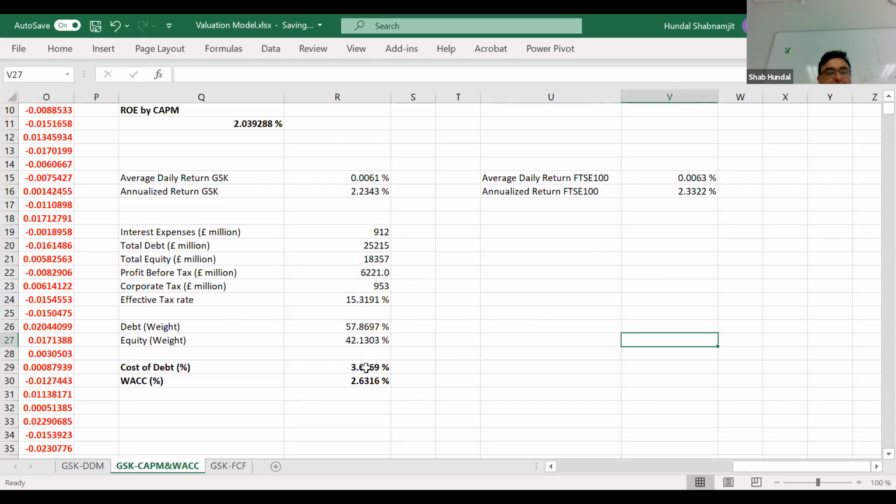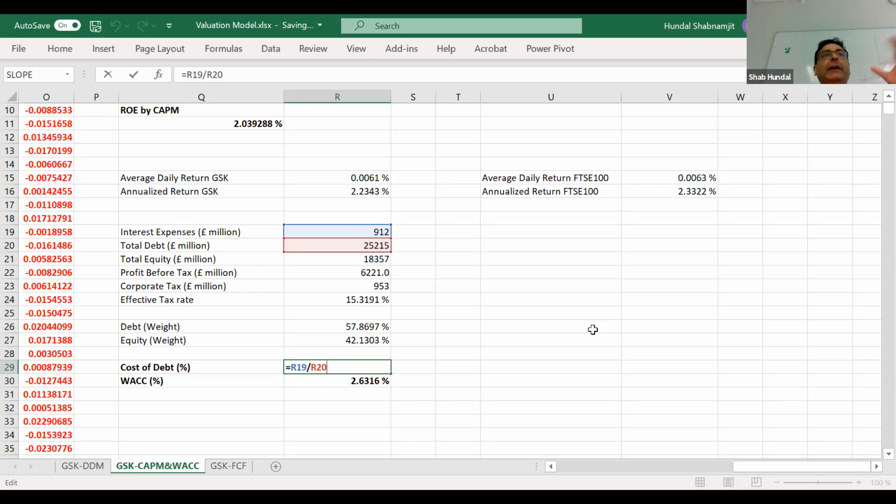And then we calculate the cost of debt also, which is the amount of interest you pay divided by the debt. It's very simple. If I borrow 1,000 euros from you and I give you 100 euros as interest after 1 year, what is the rate of interest? 10%, exactly.